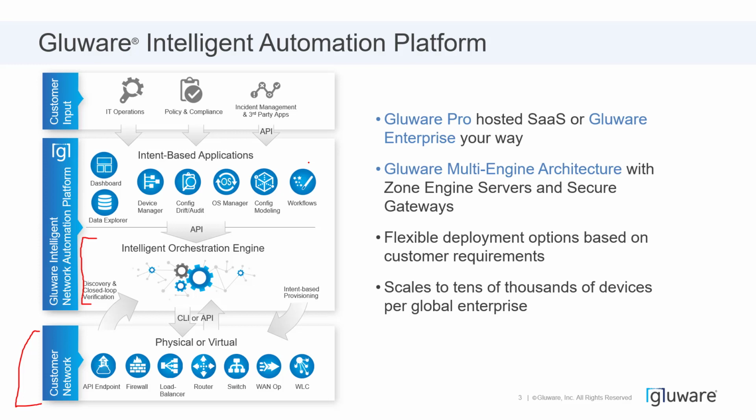So we're able to put the processing power of Gluware out closer to the network nodes when you have a large distributed network, enabling us to scale to tens of thousands of devices and have very good performance with that. So moving forward, it's very flexible in terms of the way you want to deploy and sizing to your network, and highly scalable. So with that, let's move forward.